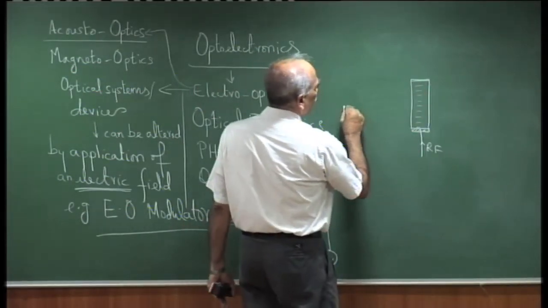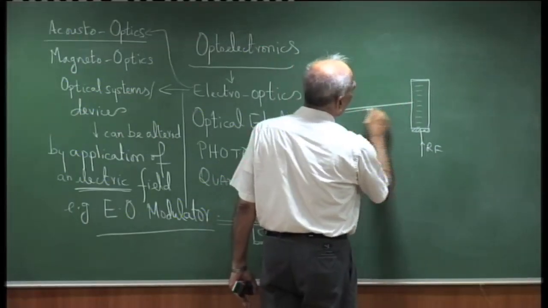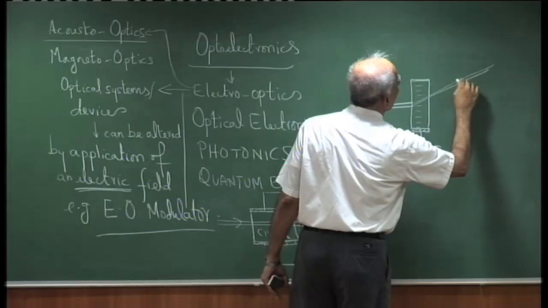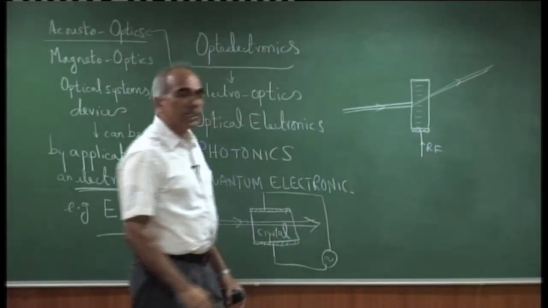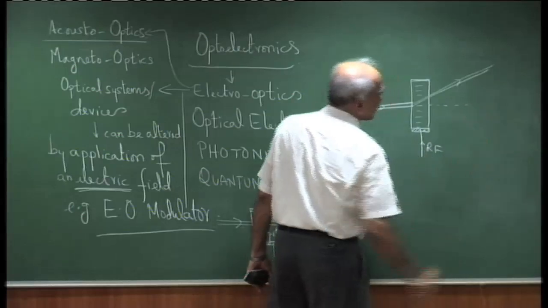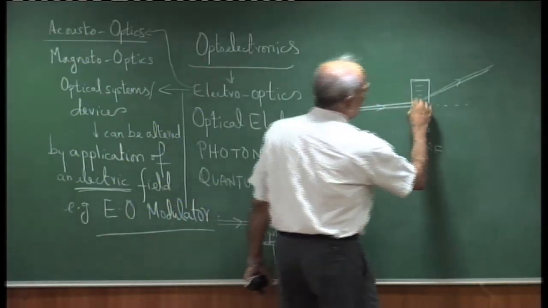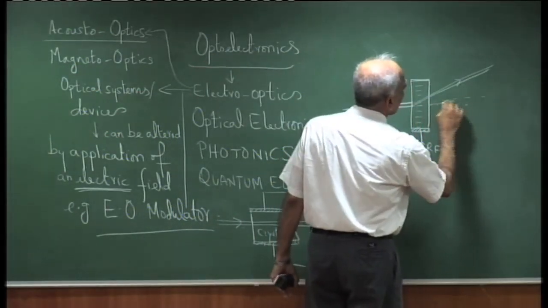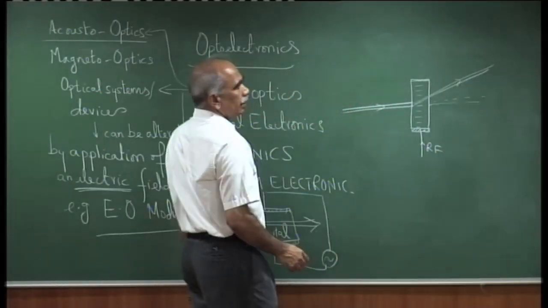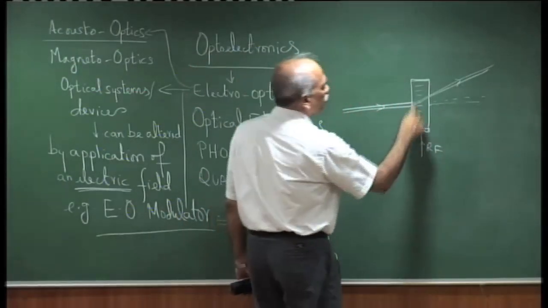Then an incident optical beam here can get diffracted into a particular direction, satisfying certain phase matching conditions, and diffracted to an angle. This is called Bragg diffraction.